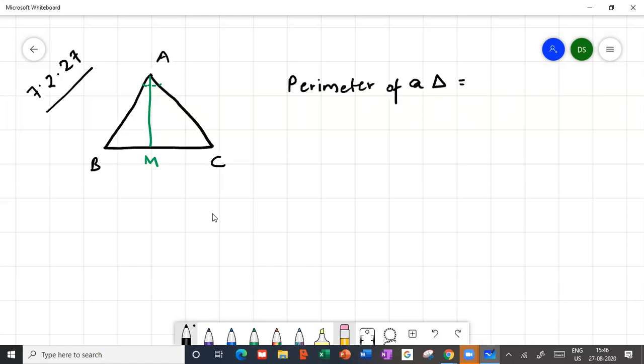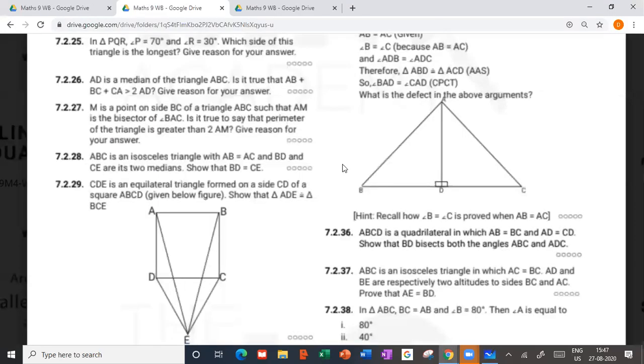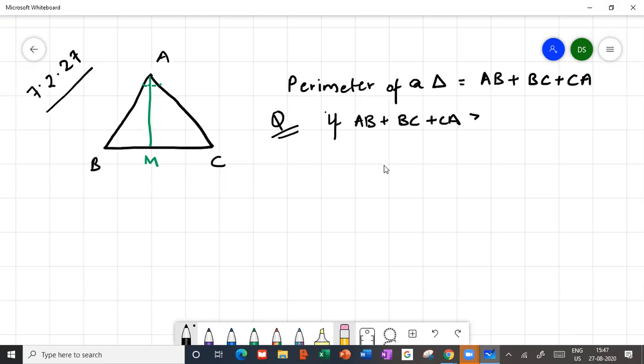So they are asking if AB plus BC plus CA is greater than twice the length of this angle bisector AM. Okay, so we need to prove this.